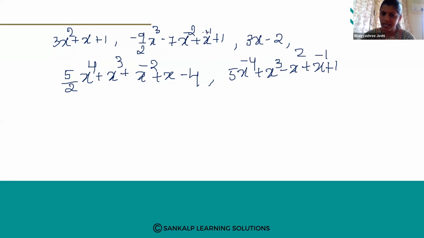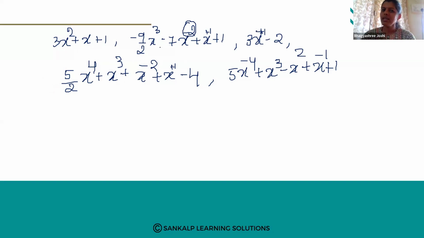And here plus 1 is there, here minus 2 is there. Next, here plus 1 is there. Here plus 4, plus 3 and minus 2 is there. Here plus 1 is there, so minus 2 is there. That means this example has both positive and negative exponents. But here it has only positive exponents.